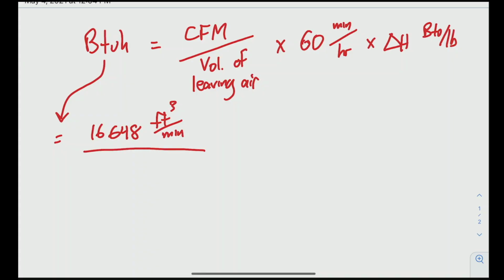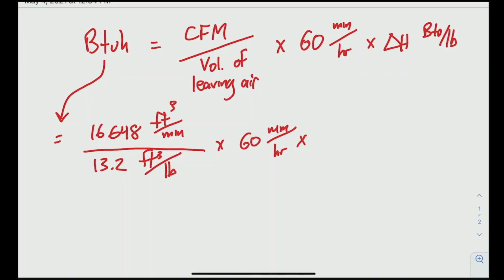And that's going to be divided by our volume, which was 13.2, the volume of the leaving air, 13.2 cubic feet per pound, right? And that's going to be multiplied by our 60 minutes per hour.